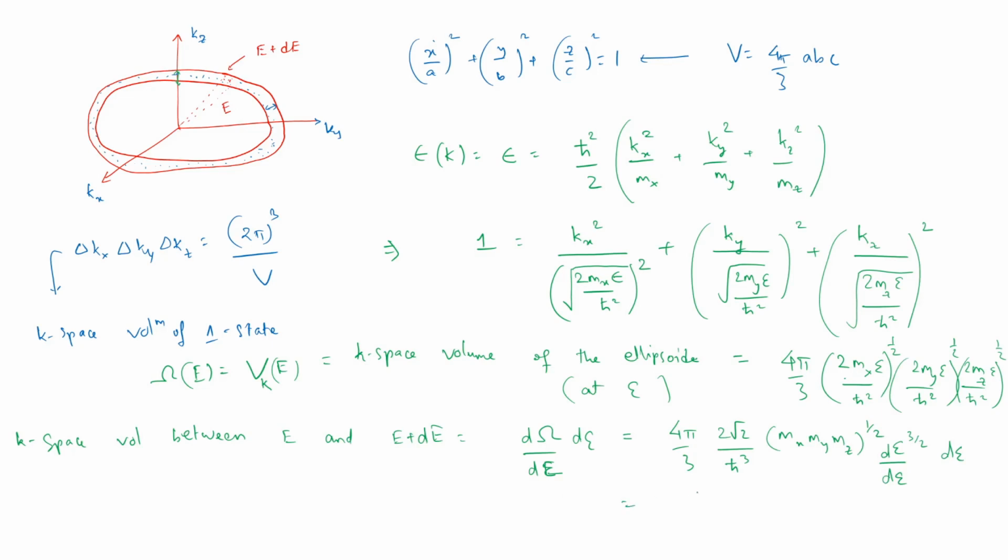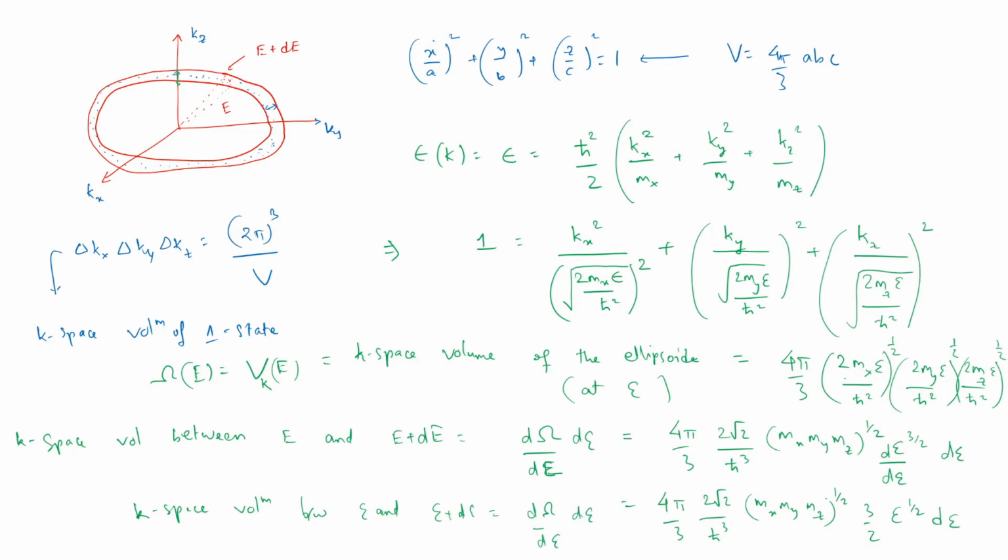So this will give me 4 pi by 3, 2 root 2 by h bar cube, mx my mz to the power 1 by 2, E to the power 3 by 2. So this is the k space volume between E and E plus dE. So this is d omega by dE into dE.